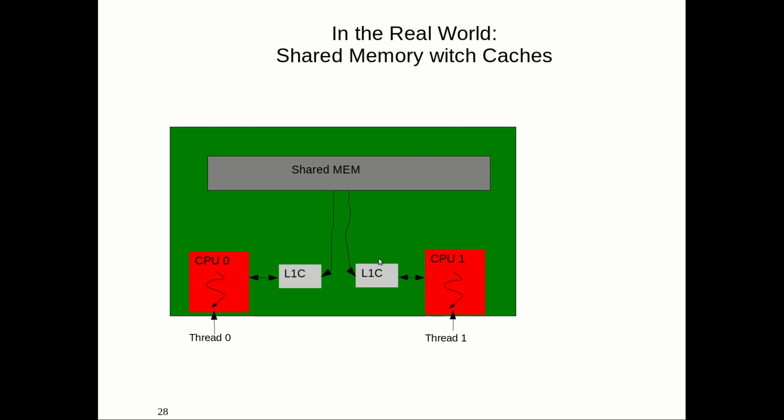This is a smaller and much faster to access memory than the main memory. And the reason why this is called cache is that the idea is that it should hide the latency for memory accesses from the CPU to the main shared memory, the random access memory.